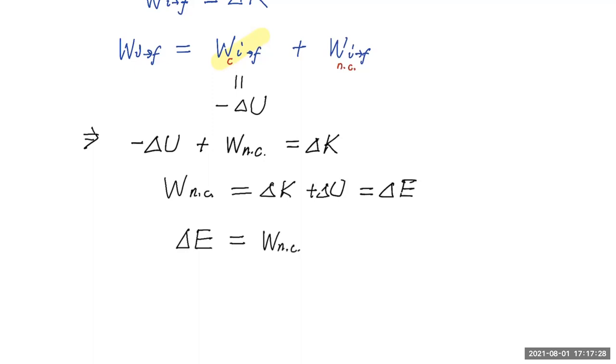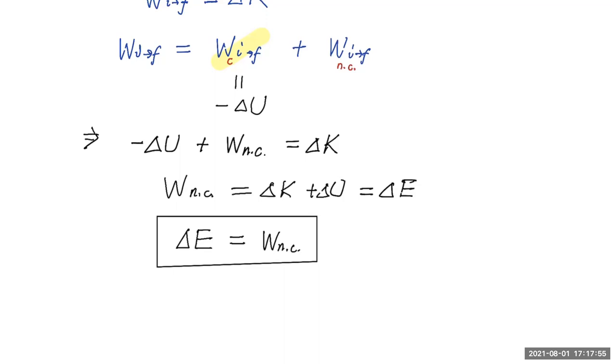So this is the formula that allows us to rewrite the work energy theorem in the presence of a non-conservative force that did work. It's equivalent to the work energy theorem, unlike the conservation of energy, which is just a special case of the work energy theorem. This version, the one that's boxed, is identical to the work energy theorem.